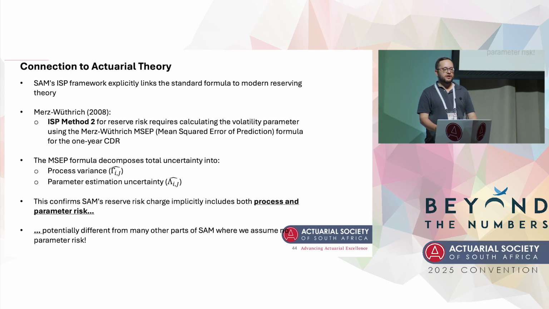If you look at life underwriting risk, it's just a cat event has happened, or the trend changes. Or if you look at the rest of non-life underwriting risk, it's a cat event happens. You never talk about parameter error. A place you definitely never talk about parameter error in the rest of SAM is in market risk.